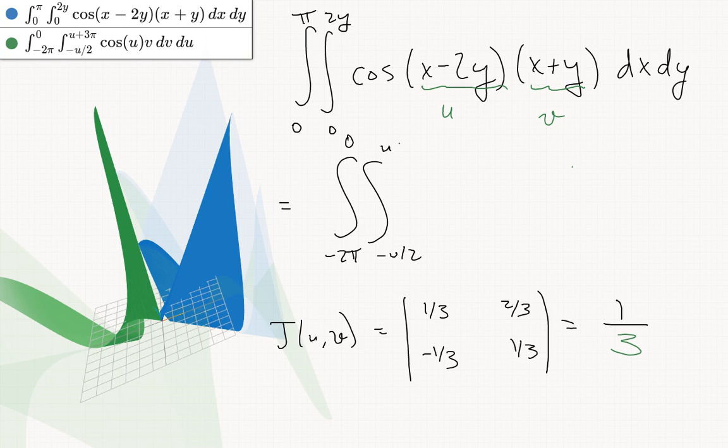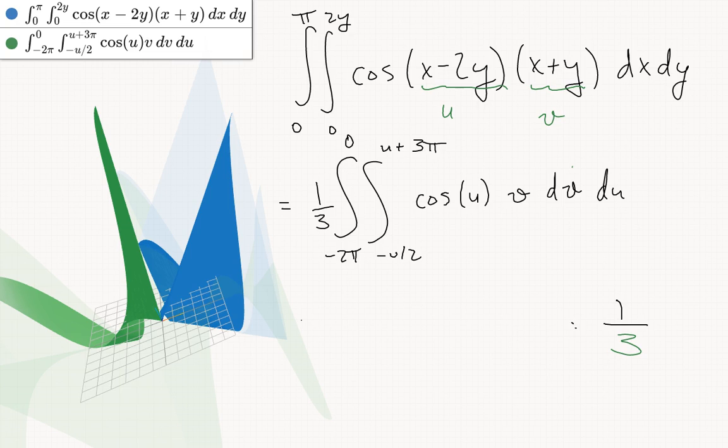So our integral becomes the integral from negative 2 pi to 0, negative u over 2 to u plus 3 pi, of cos u v, and then we'll pull out the Jacobian determinant in front as 1/3, since this is just a constant, dv du.